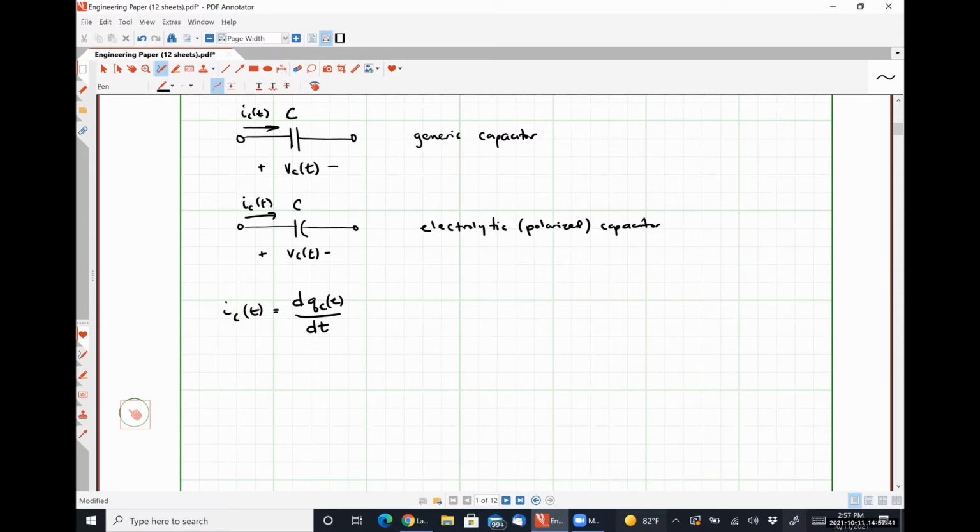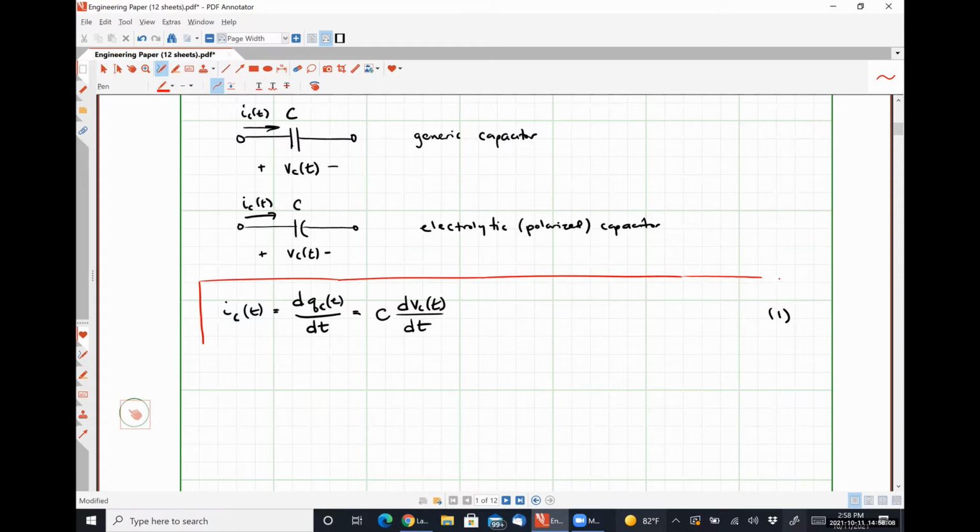And we know that there is a relationship between charge and voltage for a capacitor. And so what this gives us is C dV by dt. So this is our first current-voltage relationship for a capacitor, okay?